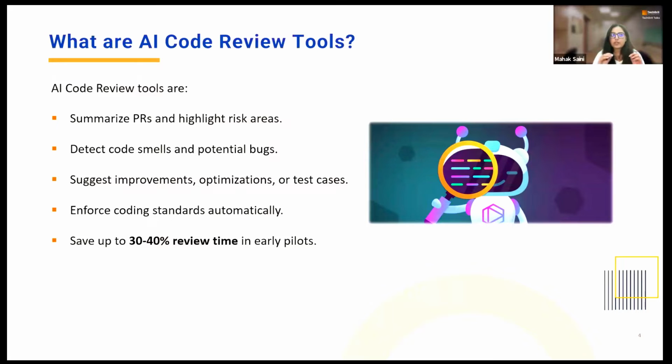So the only difference is that, unlike the AI agents where we type in prompts and get our queries answered by them, these tools are available as extensions or GitHub apps or bots, which we can plug right into our workflow, into our GitHub spaces, and just set them up once, connect them to our repositories or add them to our CI/CD pipeline, and then from there on they can pick up any pull request that might come in, and will instantly analyze those and give us some feedback explaining what has happened and what has not.